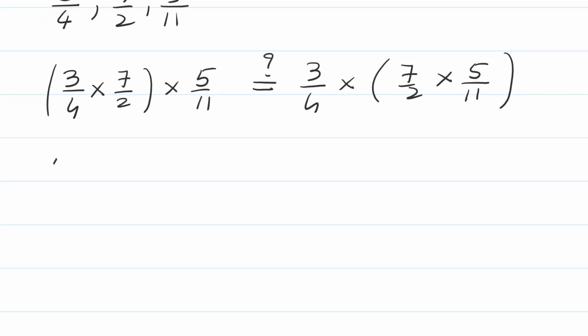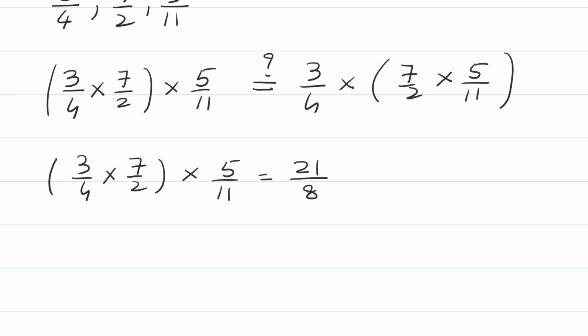Consider the LHS. 3 by 4 into 7 by 2 is 21 by 8, into 5 by 11. That is equal to 105 upon 88. That is the LHS.